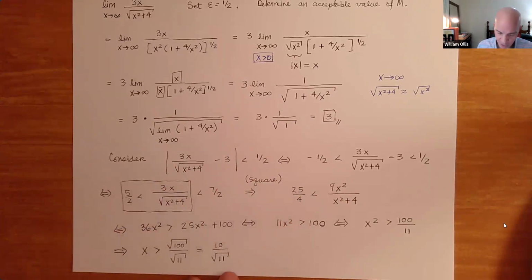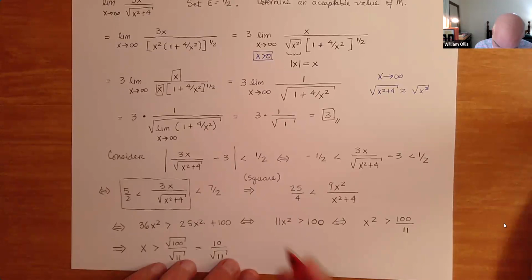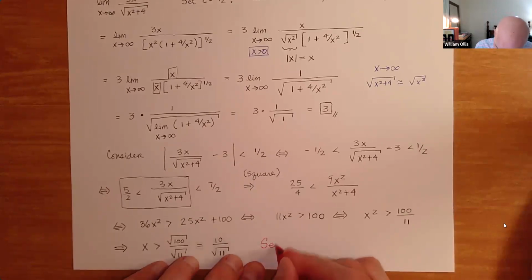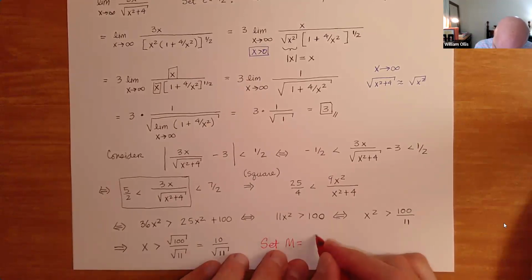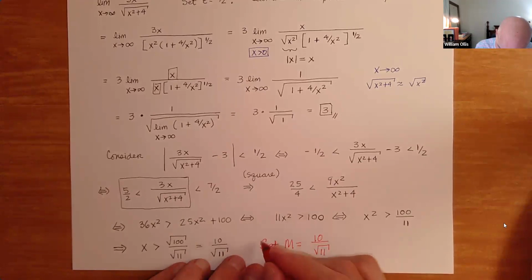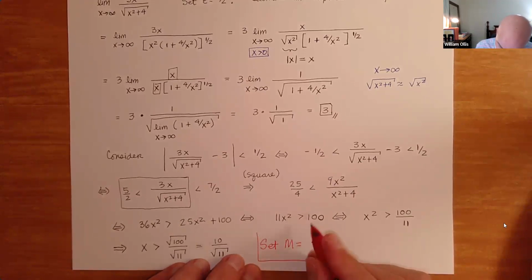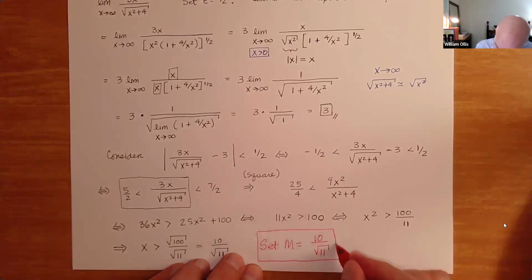And of course, in this particular case, any value bigger than this would also work. So we will write this down, set m equal to 10 divided by the square root of 11. And that will be an acceptable value of m for the definition.